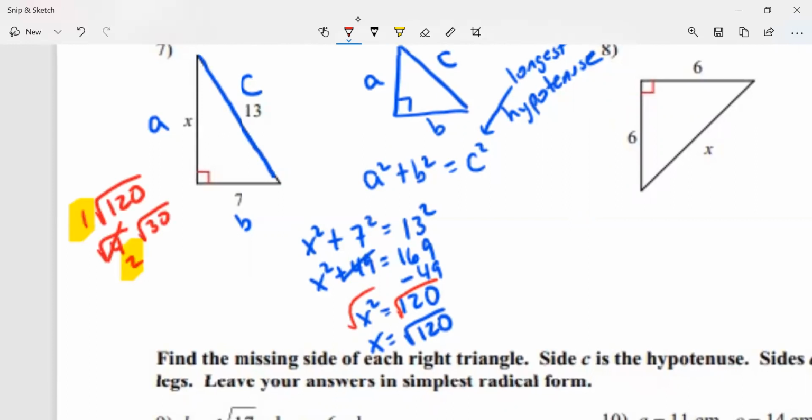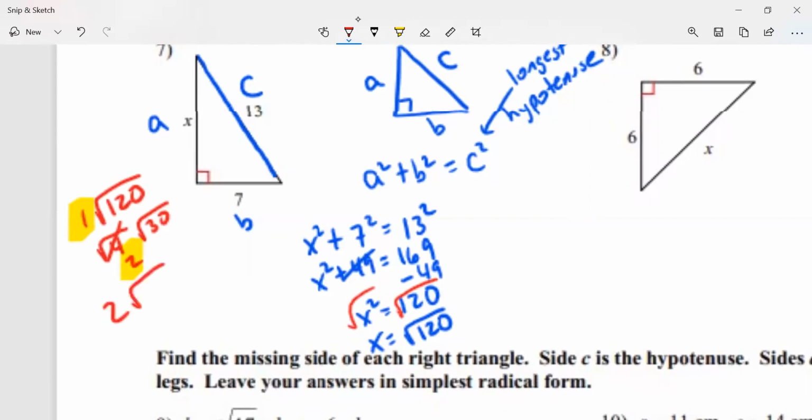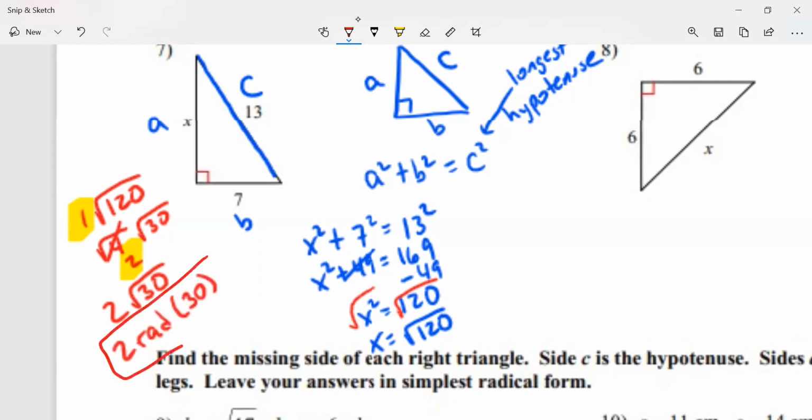So now I have 2 square root of 30, or 2 radical 30. Simplify radical 30 if possible. In this case, I cannot. So that's it. My answer is 2 radical 30. The way I'm going to write this is 2 rad, and then inside parentheses 30. 2 radical 30.